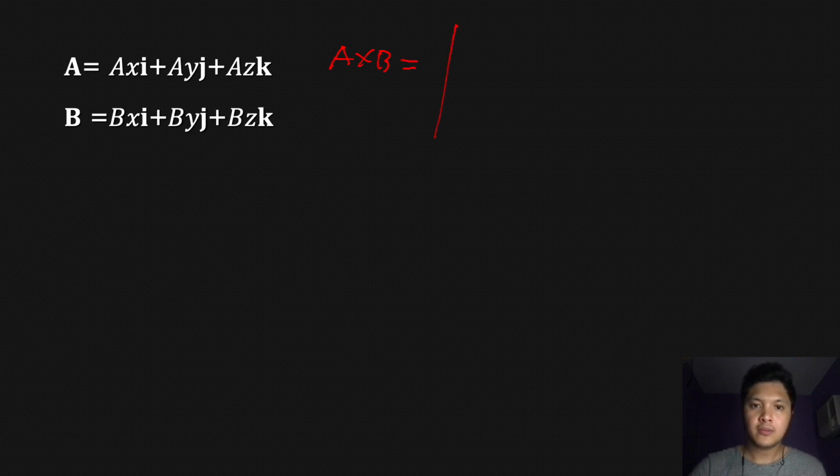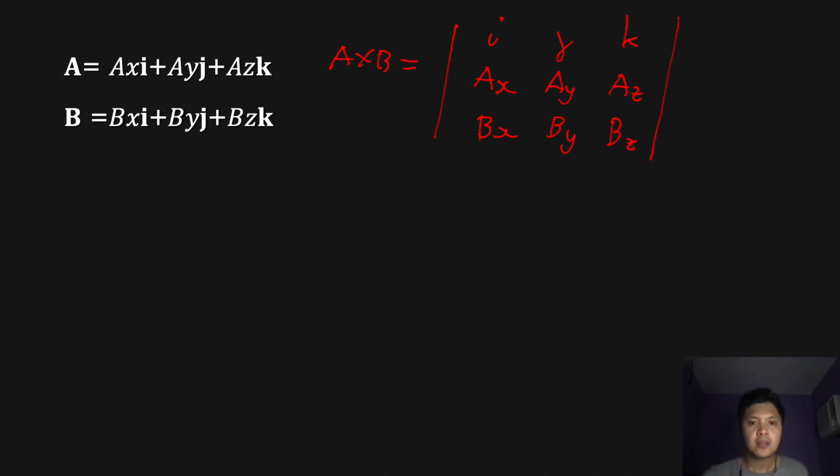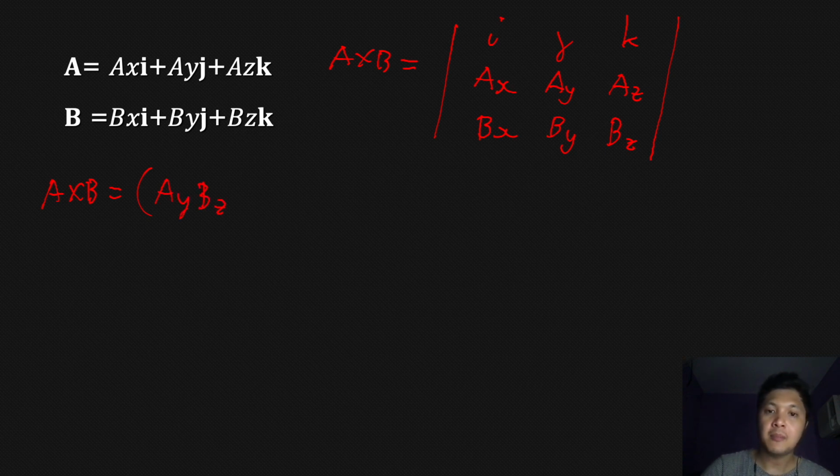So when we use a matrix, let's just write I, J, and K, and then Ax, Ay, Az, and Bx, By, and Bz. Now we have A cross B. If we want to get the X component, or the I component, first, we will disregard this column and use the rest. AyBz, then minus, it's always minus, AzBy.